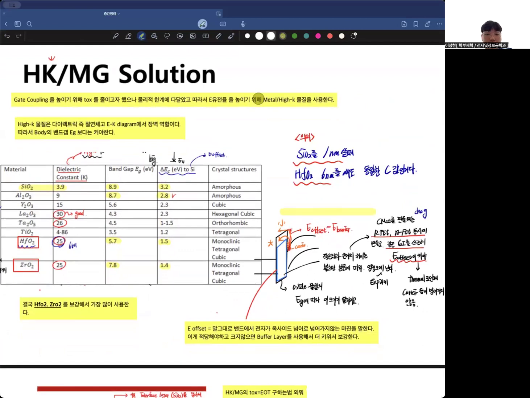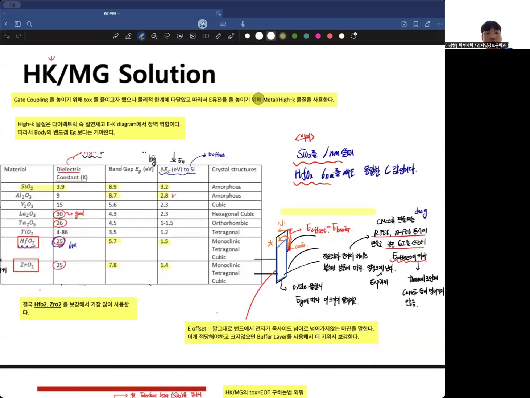And then with the metal gate we can use a high-K dielectric, because the oxide thickness is too thin and it can make direct tunneling, which makes a leakage path. So drain current is low and power consumption is very high. So we can solve this problem.